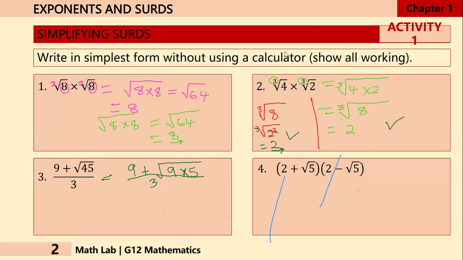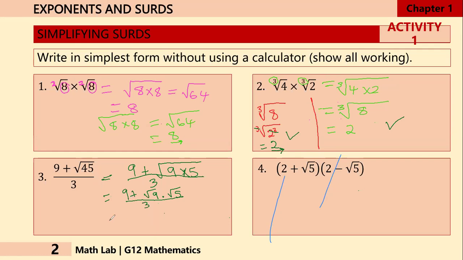All right. So now the next step is equals to 9 plus square root of 9 multiplied by square root of 5. I know there's a quicker way of doing this, but I just want to accommodate everyone to make sure that everyone understands. Divided by 3.